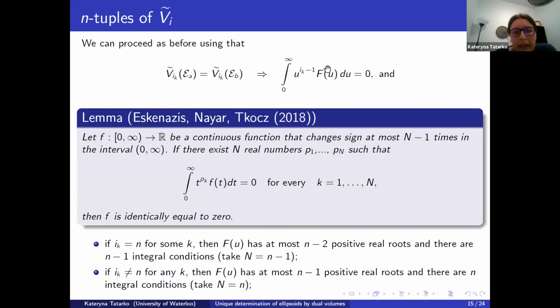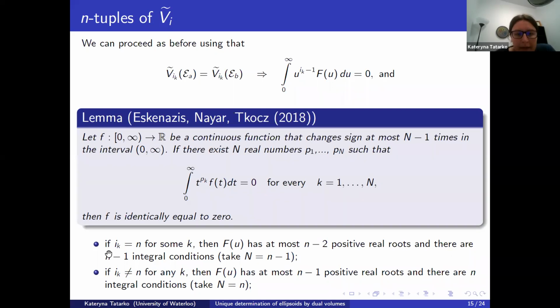In order to apply this lemma, we have to distinguish two situations. First of all, suppose that among the conditions that we have, one condition corresponds to equality of volumes. In that case, we can proceed exactly as we did before. Using the equality of volumes, we can show that F capital has at most n-2 positive real roots, the same way as we did a few slides ago.